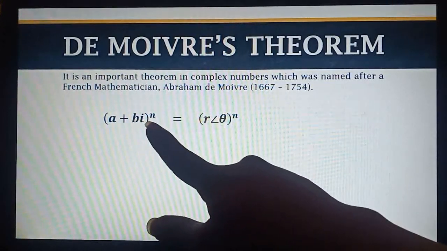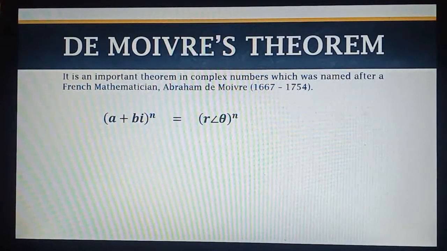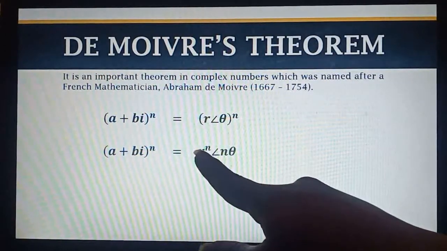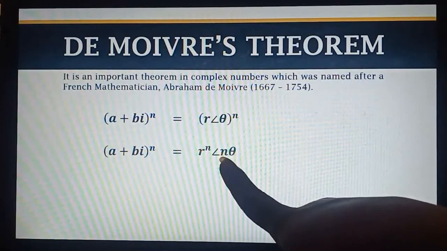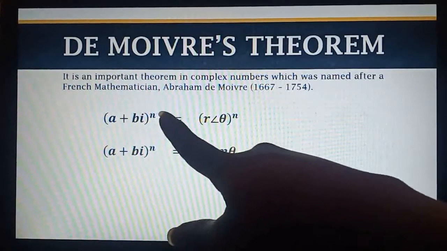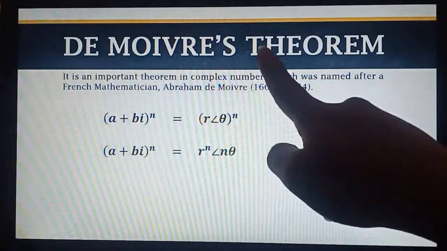Then of course, both are raised to n. Now, we are going to simplify this equation by raising r to n, then theta will be multiplied by n. So, no matter how large the value of n is, this can be simplified using this theorem.